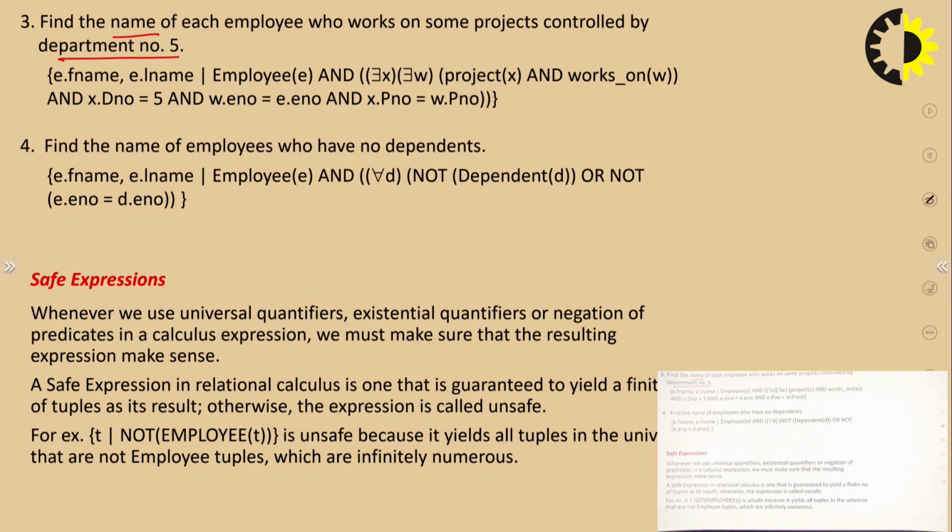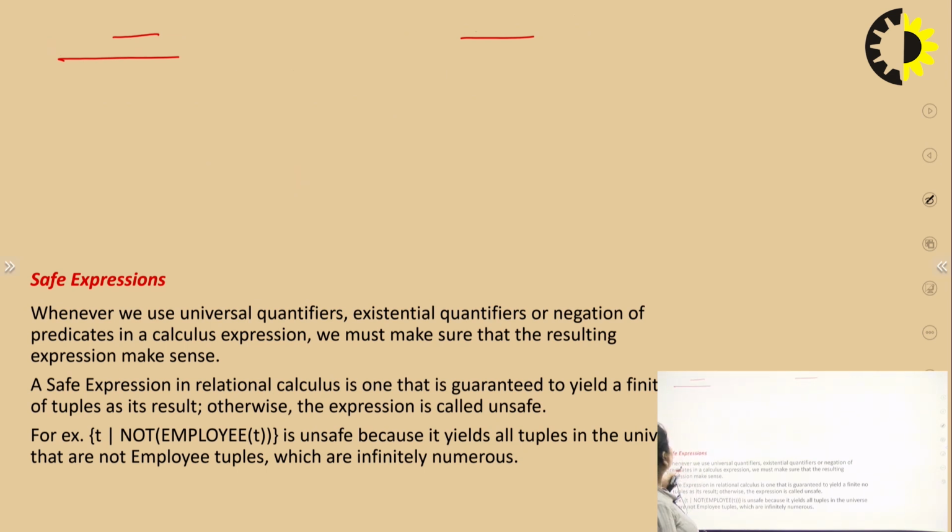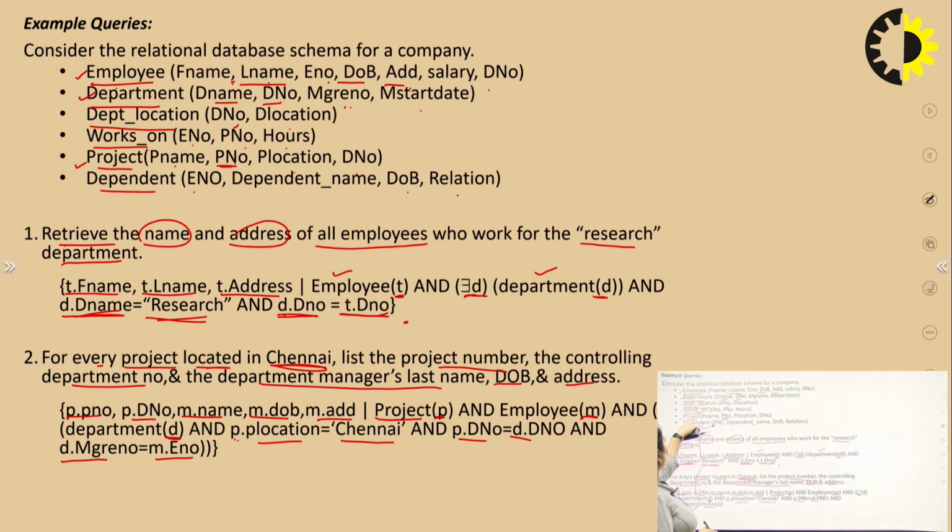So we want the project table and works on table and employee table, so that we can find out who are working on that project. That means we are fetching works on and project and employee. Employees who are working on some project which are controlled by the department.